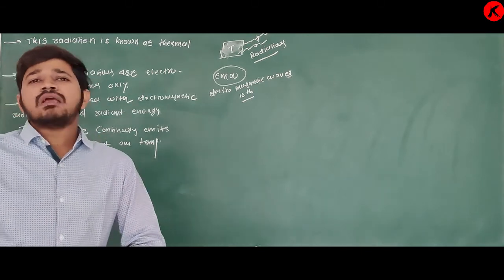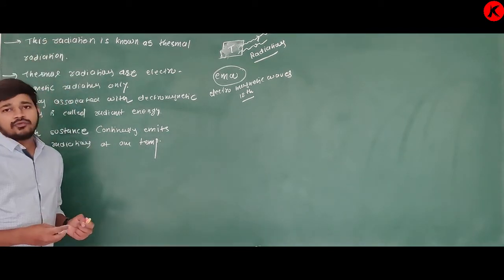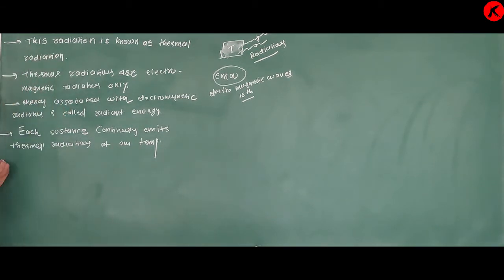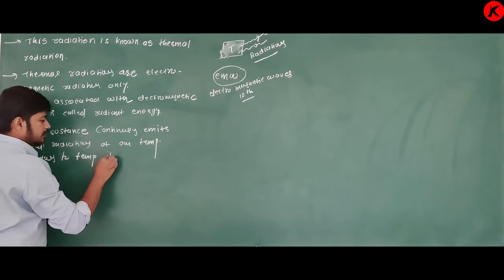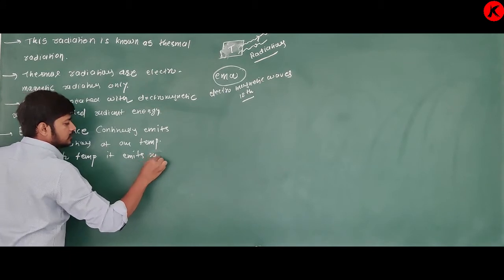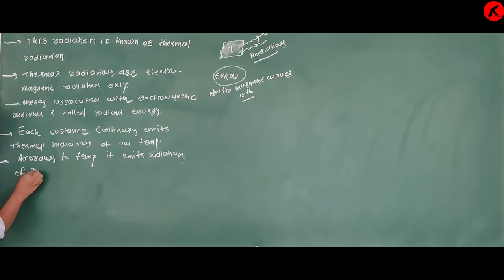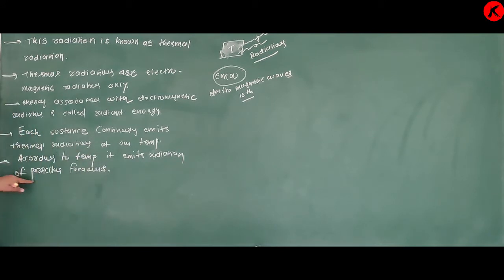Yes, at any temperature it will radiate some energy. And according to its temperature, it emits electromagnetic waves or radiation of particular frequencies. Clear? So this point you have to remember.